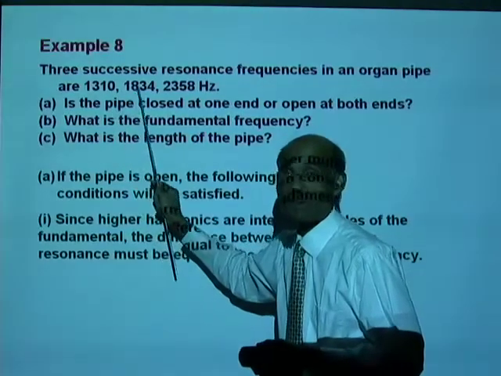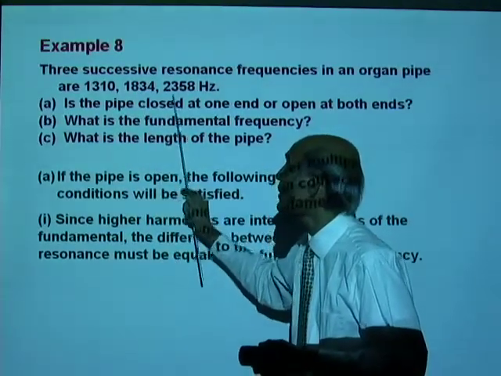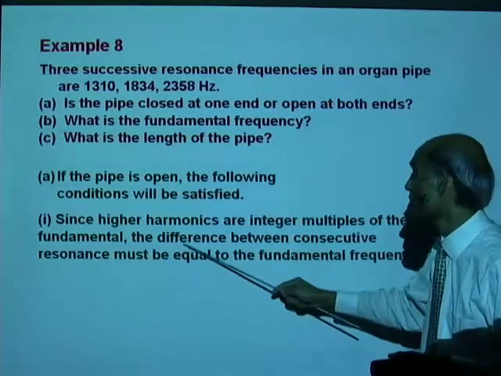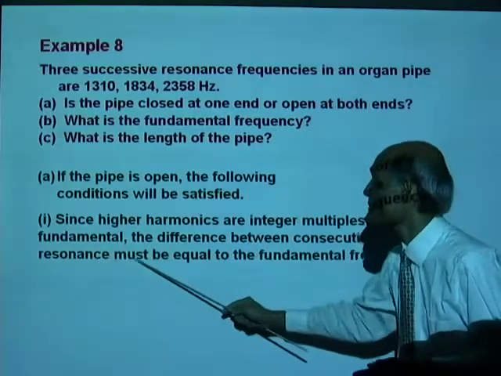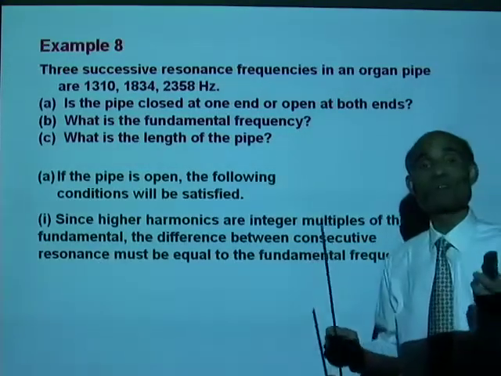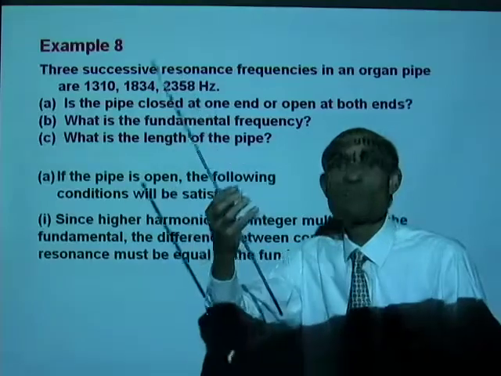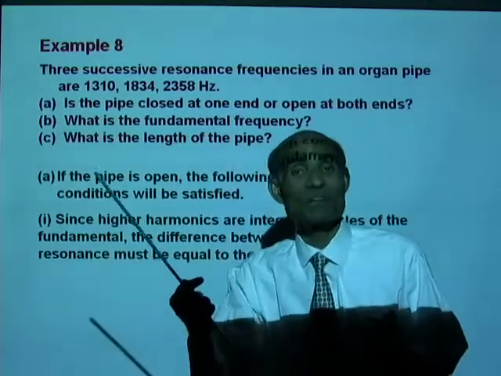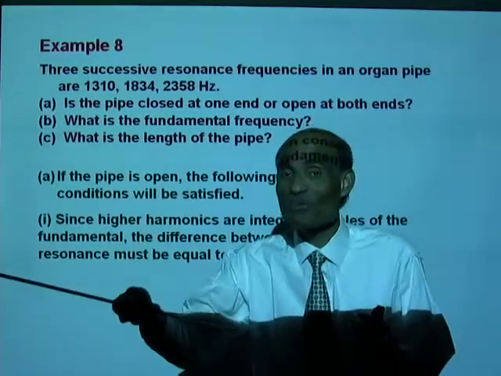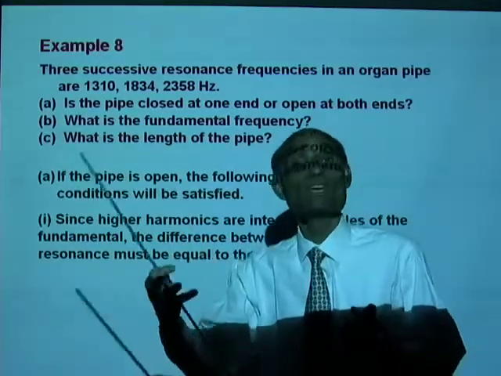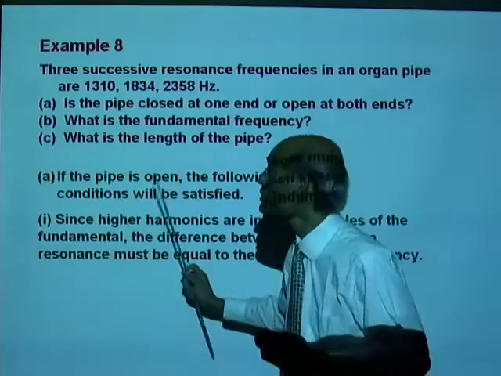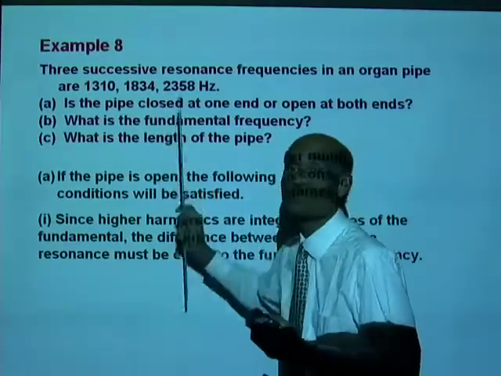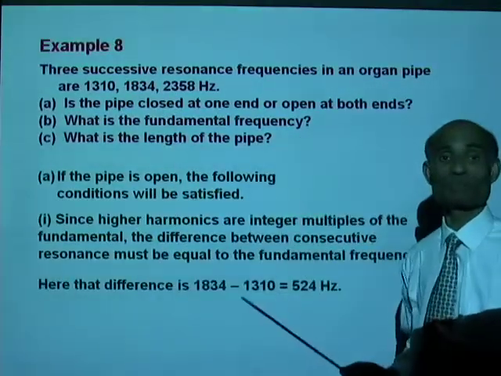Is that right? Similarly, the difference between these 2 will also be the fundamental. So, if this is an open tube, the difference between consecutive resonance must be equal to the fundamental frequency. The difference between the 5th harmonic and the 4th harmonic is the fundamental. The difference between the 10th harmonic and the 9th harmonic is the fundamental. So if the tube is an open tube, the difference between successive resonances must give you the fundamental.